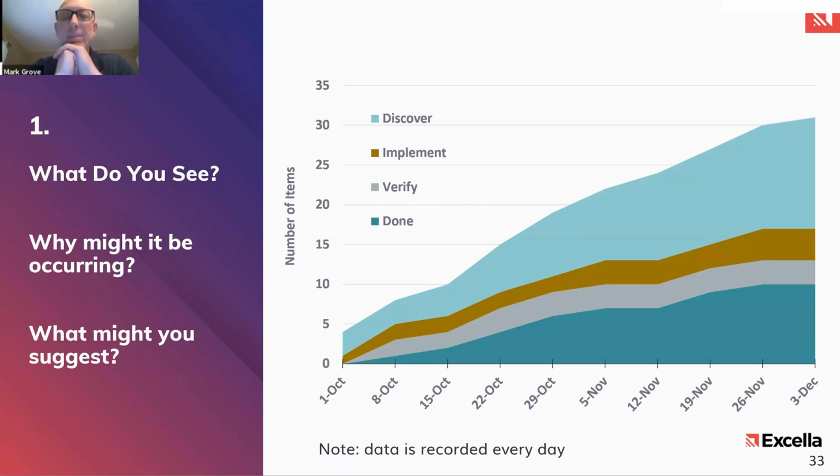Because it seems like there is a bigger demand, but the capacity of the team is not able to respond to the demand. So I will ask, what about the capacity? I will ask why the done items are getting stacked. What is happening with the team?